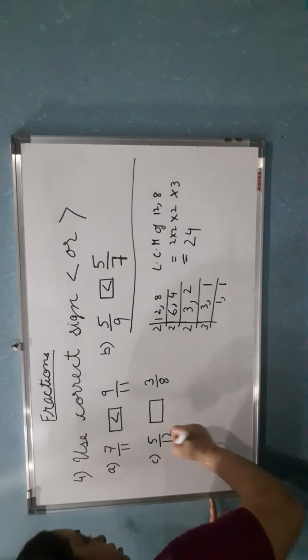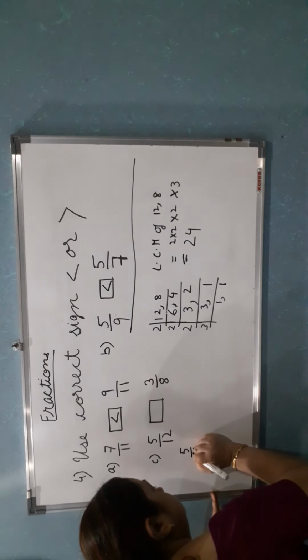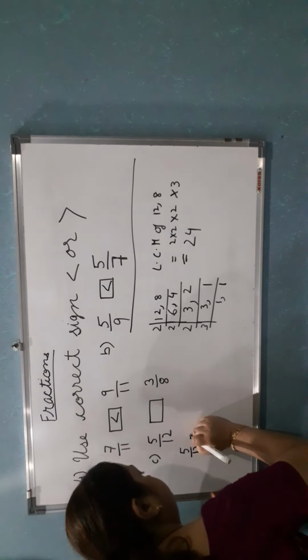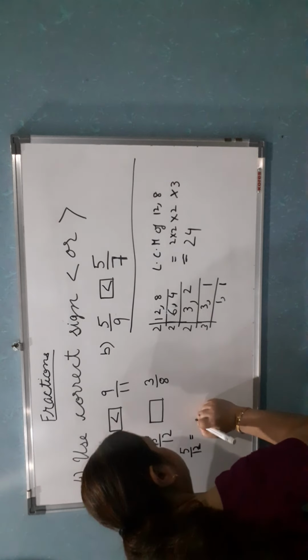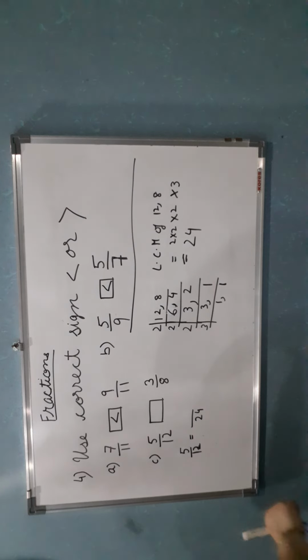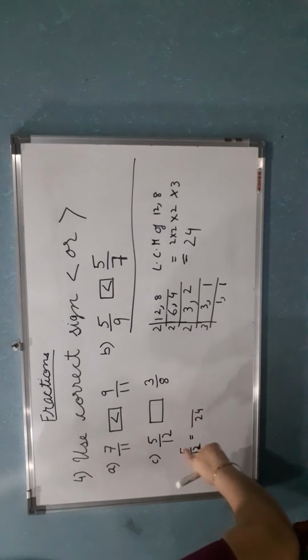Now look here. 5 by 12. LCM is 24. So what you have to do? 24 divided by 12, you will get 2.